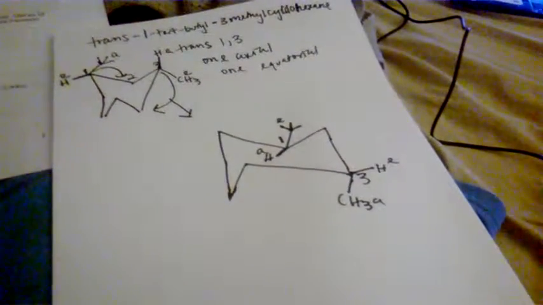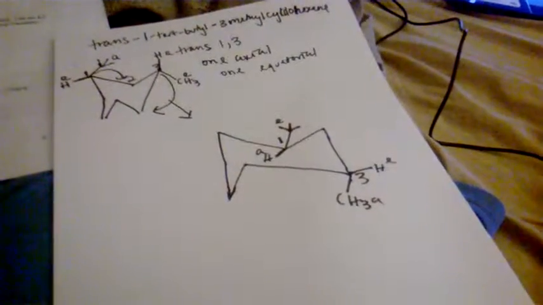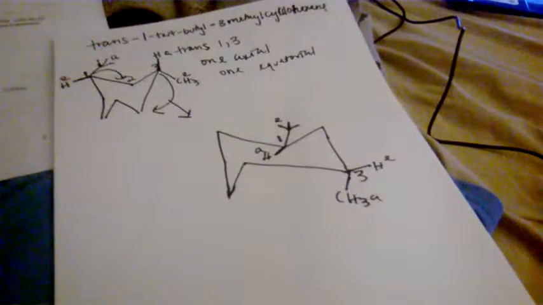And so now it wants you to label any 1,3-diaxial interactions. So let's go ahead and start with this one. It's going to have this 1,3-diaxial interaction here with this hydrogen. And there should also be a hydrogen here to contribute. So every substituent should have two 1,3-diaxial interactions. And then there's a 1,3 here too.